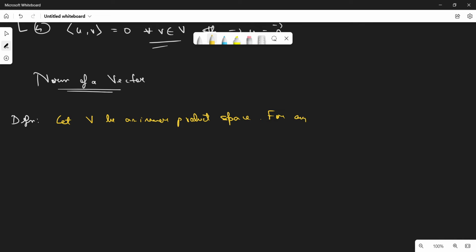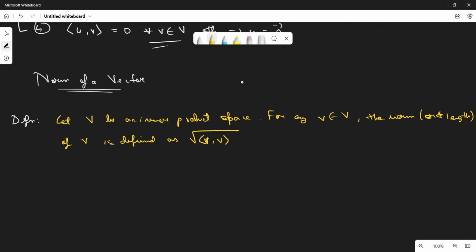For any element from V, the norm, which is in simple terms called the length of a vector, is defined as the root of the inner product of v on itself, and is denoted as ||v||.